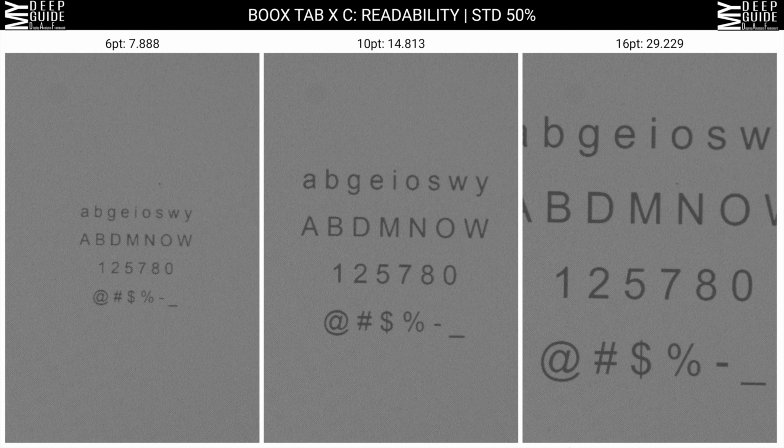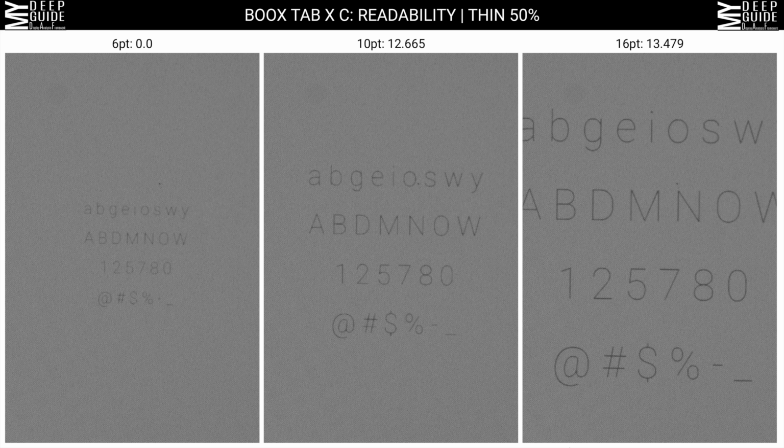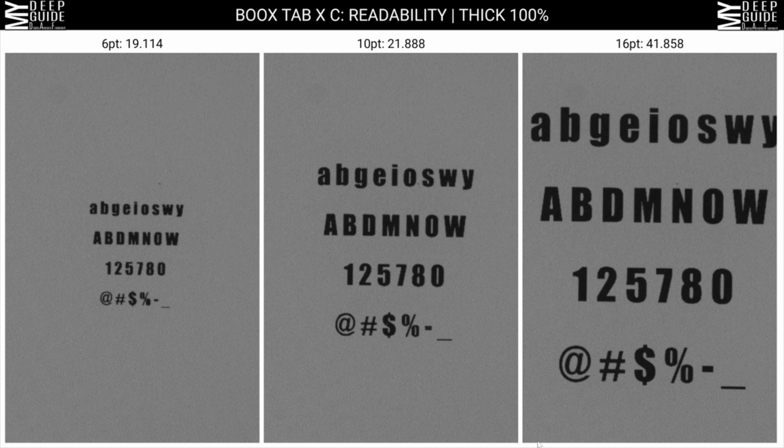Let's start with the readability analysis, starting with Tab X C. Since we have already analyzed both of these devices in different comparisons, I'm just going to go over these quickly. They're performing well, but they both have issues, with the Remarkable Paper Pro having issues with uniformity and finer characters rendering, and Tab X C having problems with the darkness and the fuzziness, as you can see here, of the CFA layer.